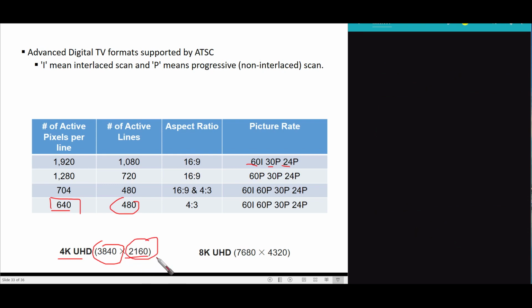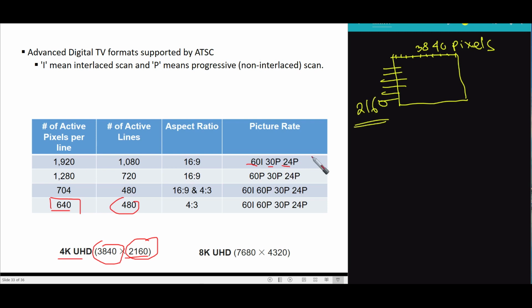Imagine you are taking a frame: how many pixels can you consider? 3840 pixels, right? And how many lines? The lines are 2160.